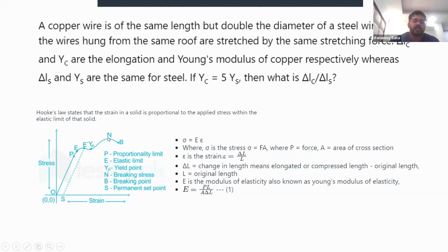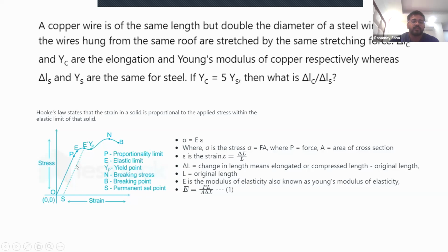This continues up to N, where your necking point is reached, your ultimate strength of the material is achieved, and then the failure begins. So N is called the necking point, and then B happens to be the breaking point, where finally the material fails. And S happens to be a permanent set point.